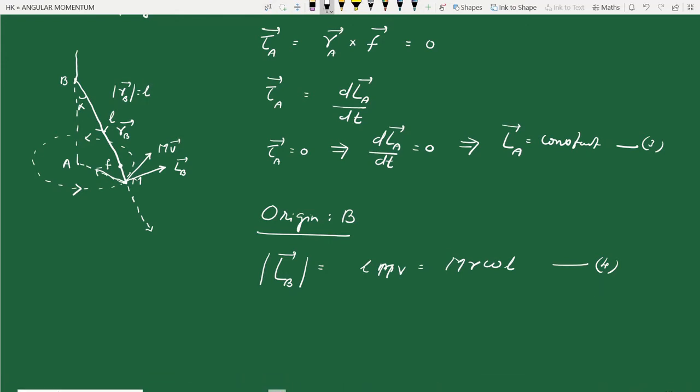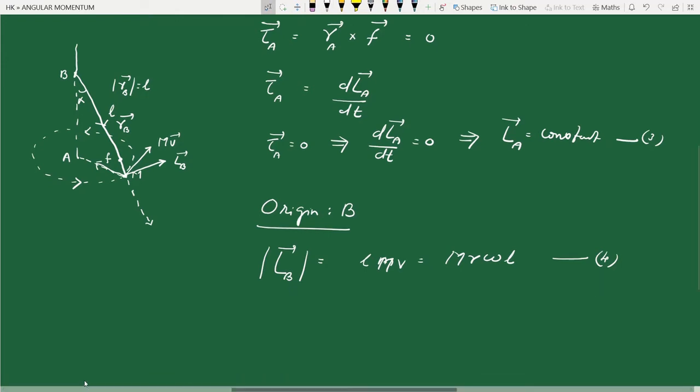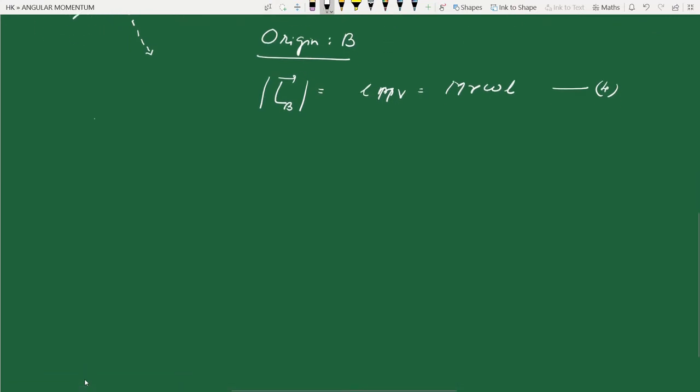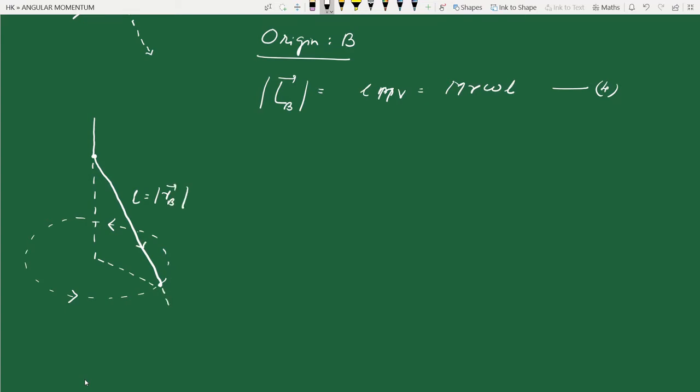Maybe we should draw another figure. The torque is equal to modulus of RB, and the vector RB is along this direction.